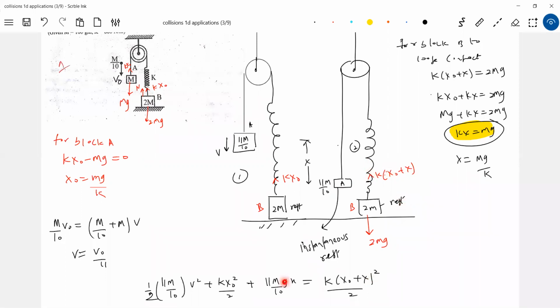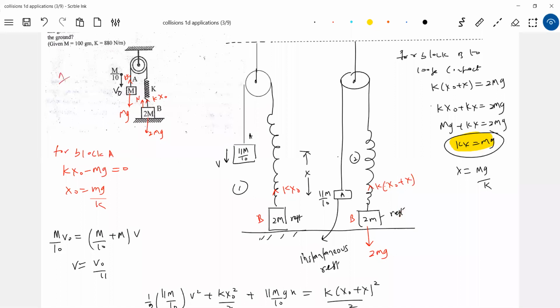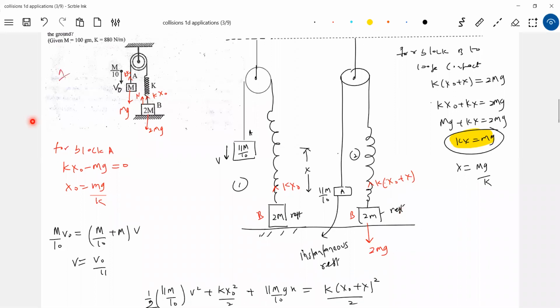Either way you can write it. Here I'm just equating initial energy to final energy of the system. Anybody value? M given, 100, K value also given. Do the calculation later on. I'll proceed to the next problem.